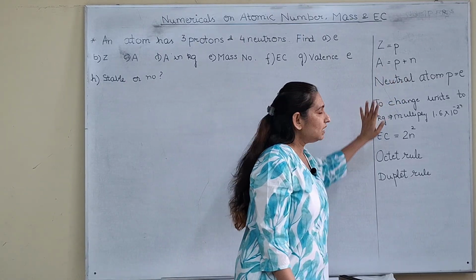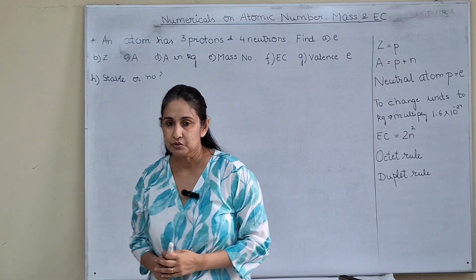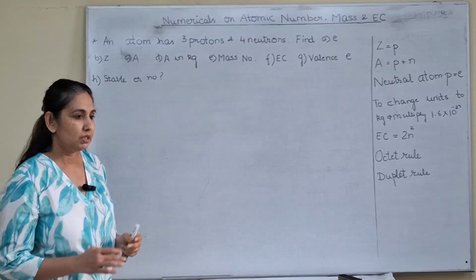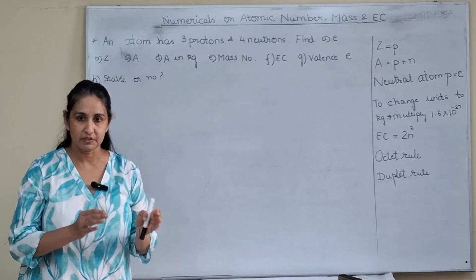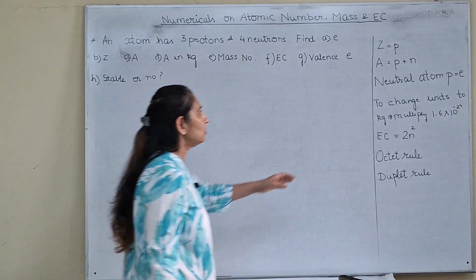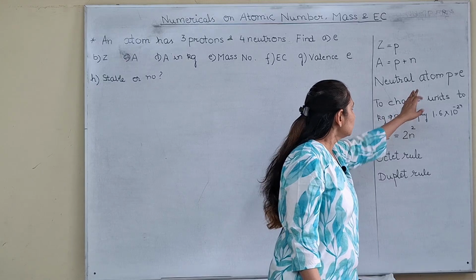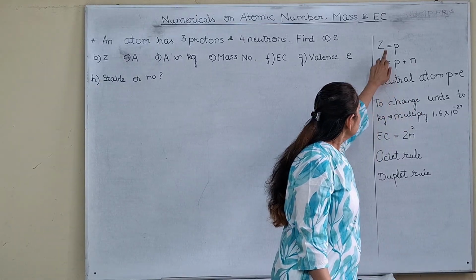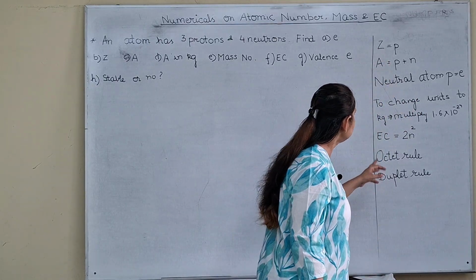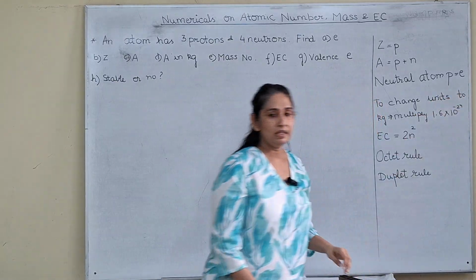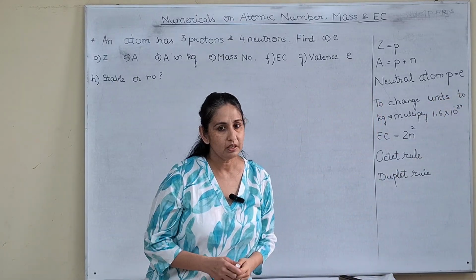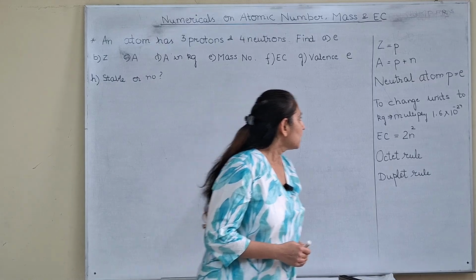Okay, then if the atom is neutral, which means what? जितने उसके पास प्रोटॉन हैं उतने ही इलेक्ट्रॉन हैं. If it is neutral, then you can call this as P also. Proton is equal to electron. That's what a neutral atom is.